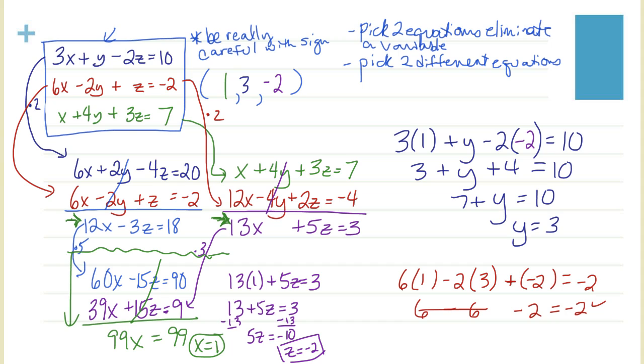Obviously, one of them is going to be the same, but one of them is going to be different. And eliminate the same variable. Then I solve the 2 by 2 using the same rules we've been doing to solve two equations.